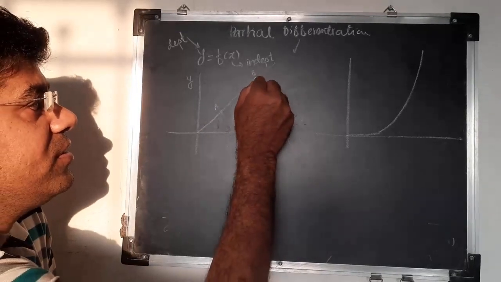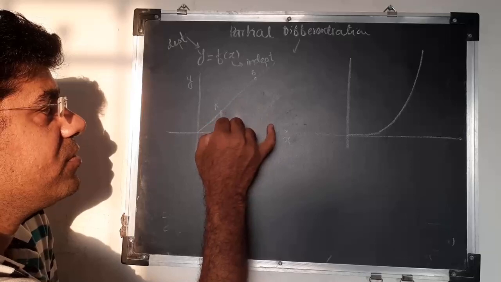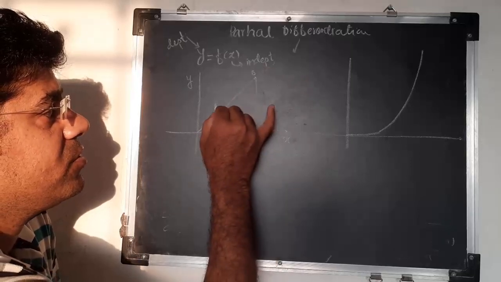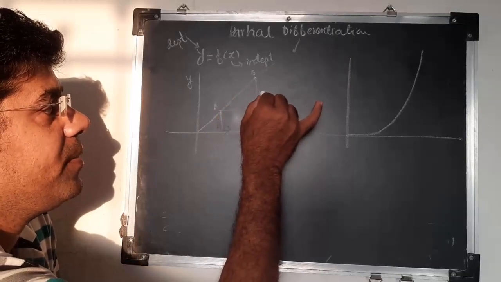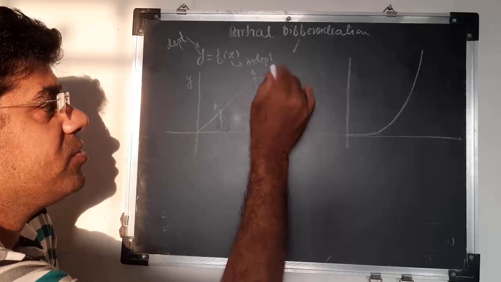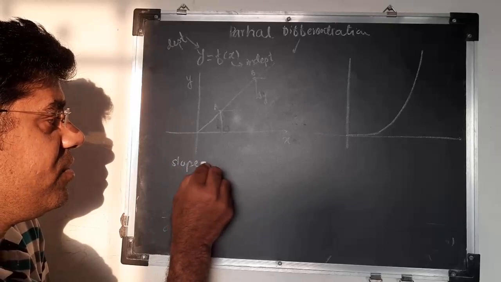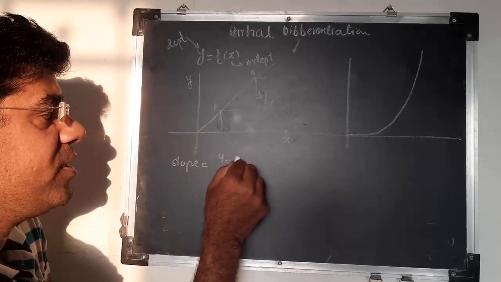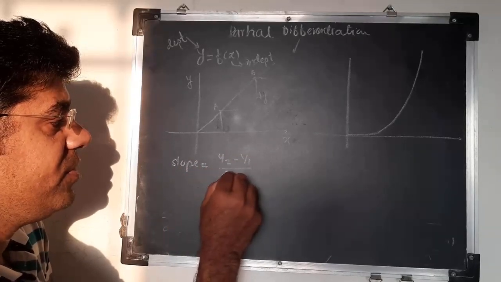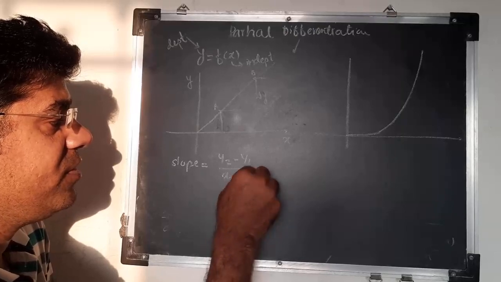So here this is what? Your change in y, okay. So this is just like when you are finding out the slope of any graph. So this is y2 minus y1 divided by x2 minus x1.